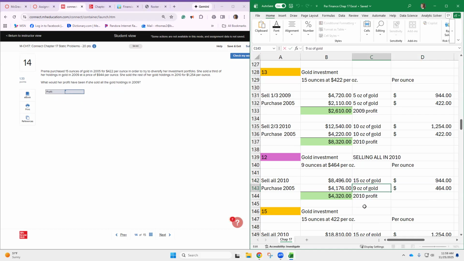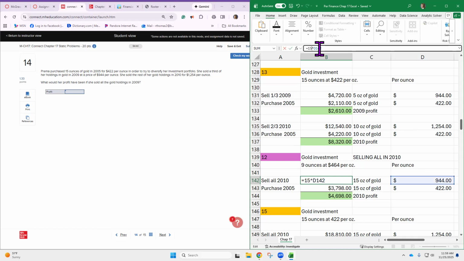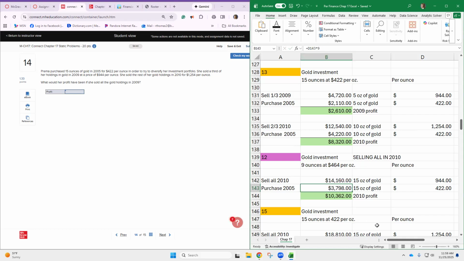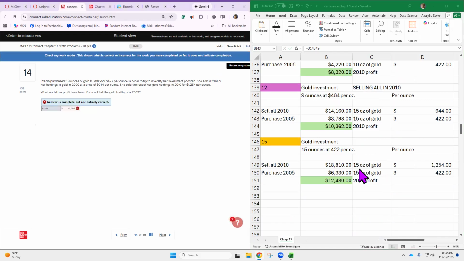So 15 ounces, and she bought it for $422. And then 15 ounces times 944. If she would have sold all of it, make sure I've got it right, 15 ounces times 944, she would have had a profit of $10,362.